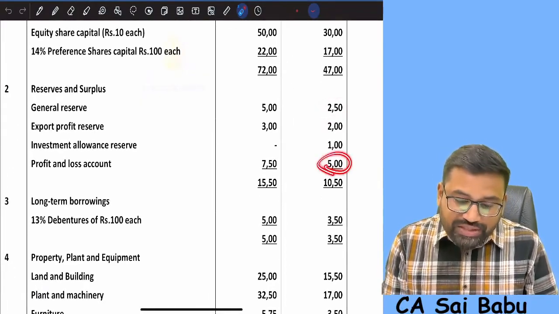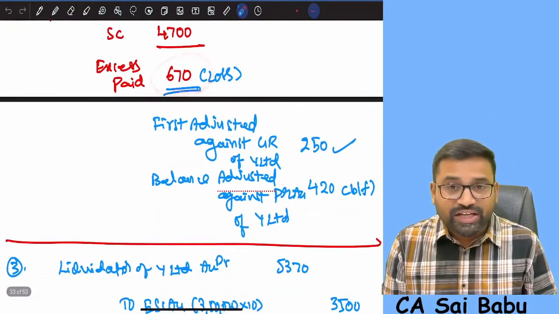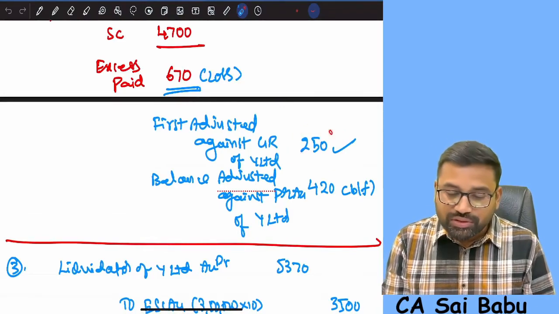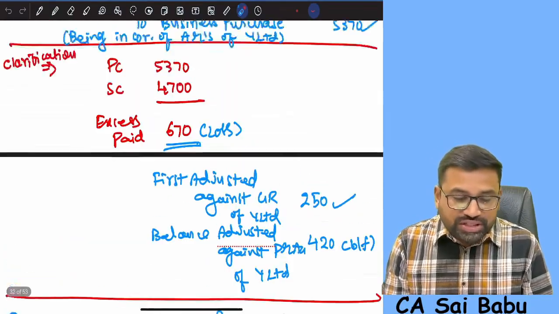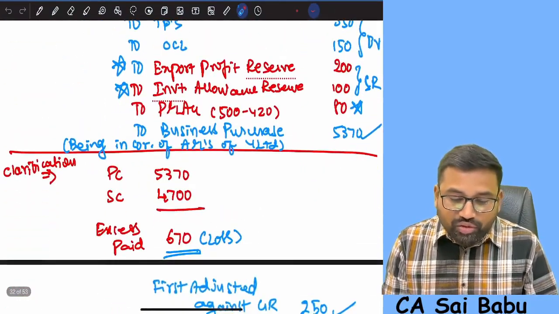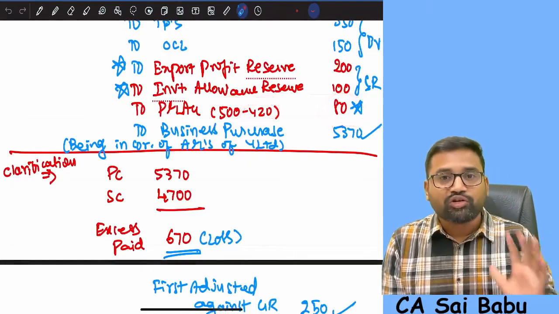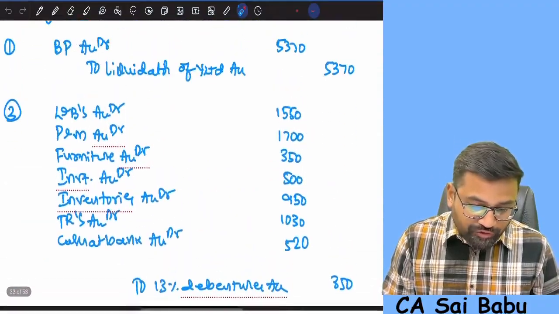Next, the P&L account is there, 500, adjust. So the 670 loss is first adjusted against the general reserve of 250, which is not sufficient, then against the P&L account. So from the 500 P&L account, if I adjust 420, only 80 will be incorporated. This is incorporation in the case of the pooling of interest method.